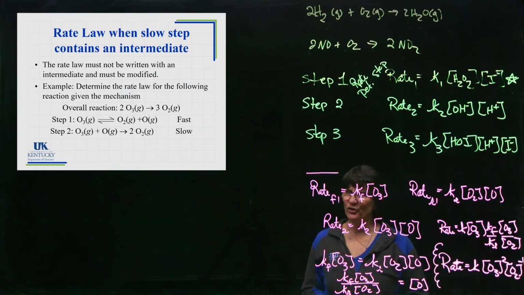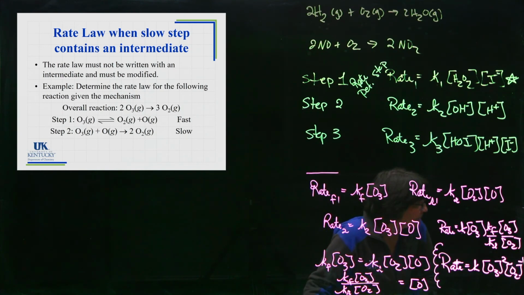The only time we're going to ask you to do something like this is when the slow step, look at the PowerPoint, has an intermediate in it. You can replace the intermediate. We'll always give you an equilibrium before it that's fast, where you can do a similar type of substitution. So make sure you note what I'm doing here and why I'm doing it so that you could do this in the future.